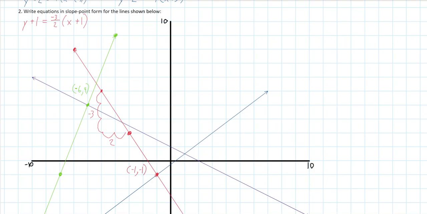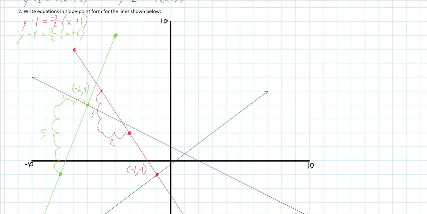Okay, so that is our point. Now we need to find the slope. So it goes up 1, 2, 3, 4, 5, to the right by 1, 2. So that means our answer is going to be y minus 4 equals 5 over 2 bracket x plus 6.